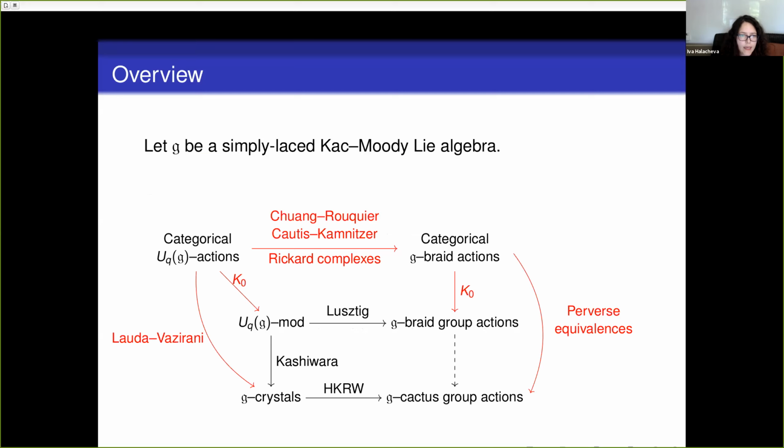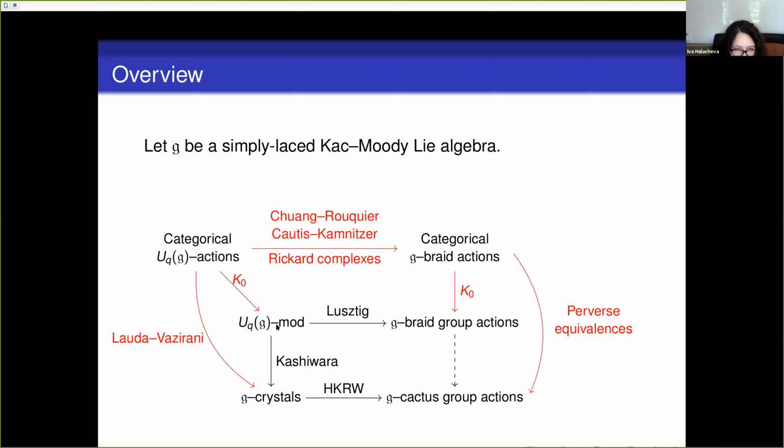So take a simply laced Kac-Moody Lie algebra G. Here are some things you can build out of it. I'll use my mouse to point. We start with the quantum group for G, and we can consider the quantum group representations.